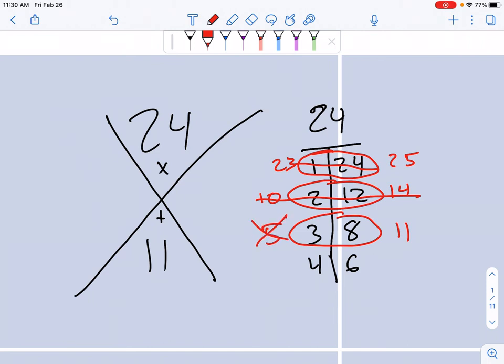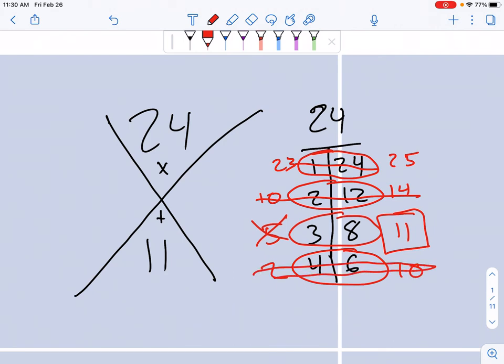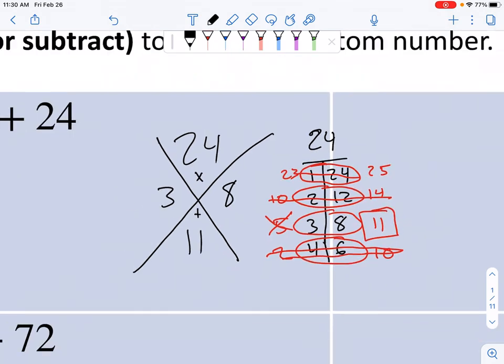So that's no good, but here's an 11. And then let's check our last one. 4 and 6 could make 10 or 2. So those are no good. So 3 and 8 are my magic numbers. 3 and 8 multiply to make 24 and add to make 11. So those are my two side numbers.